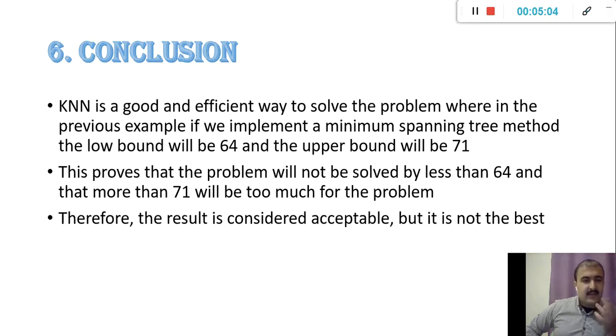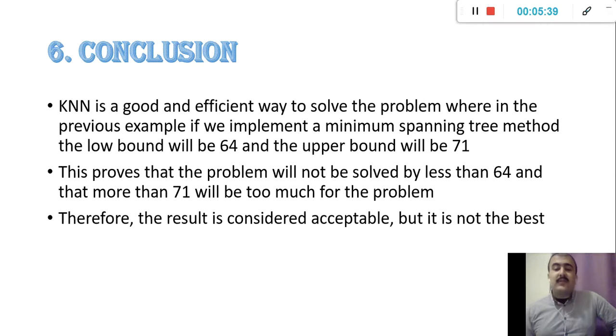In conclusion, if we apply the minimum spanning tree method on the previous example, the lower bound is 64 and the upper bound is 71. So the minimum value for solving the previous example is 64, and if we get more than 71, it is not an efficient way.